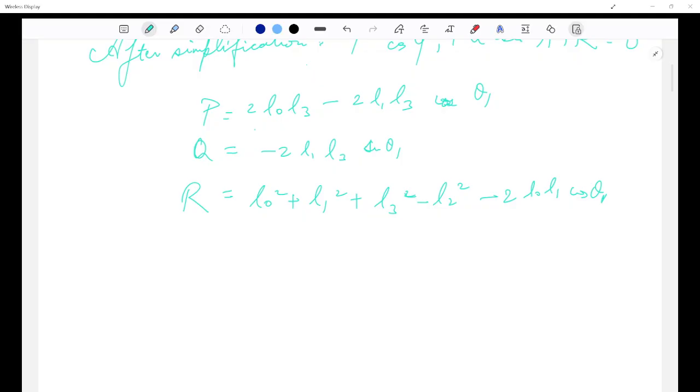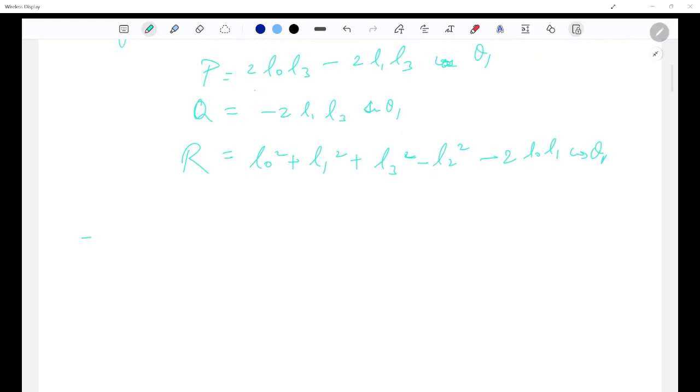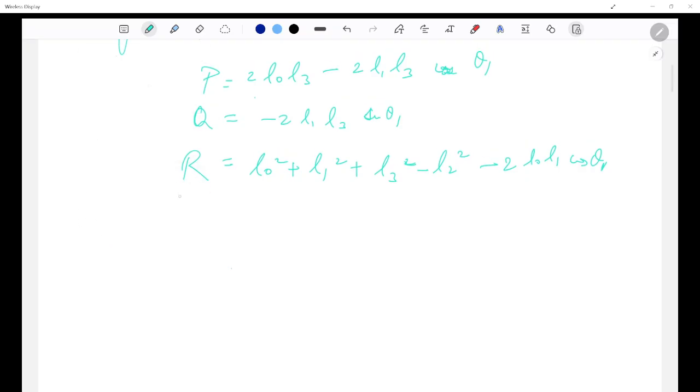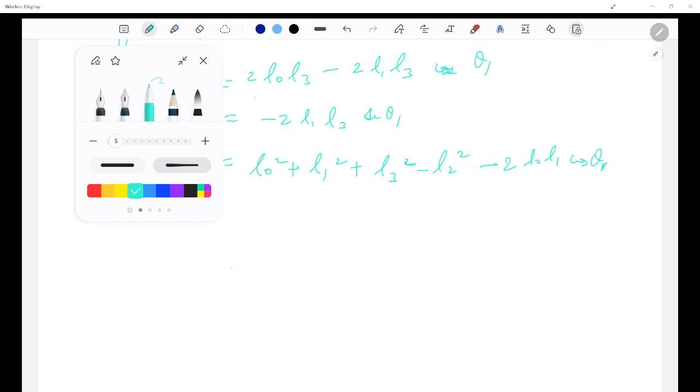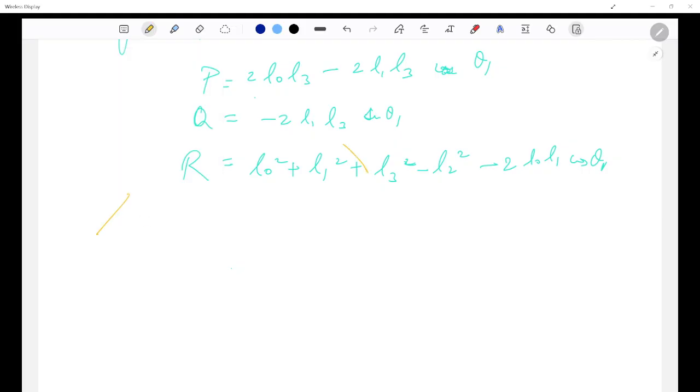Okay. Once you get the equation in this form, we already saw half angle substitution the previous time. So you can solve for phi 1. And how do we solve for it? Using tangent half angle substitution.